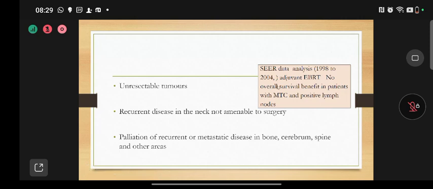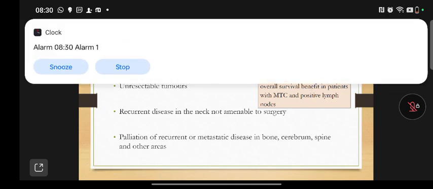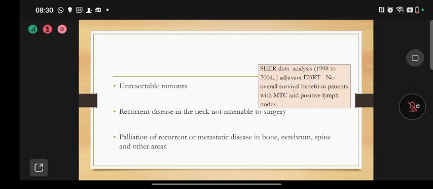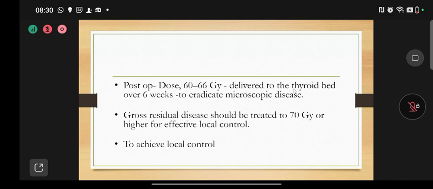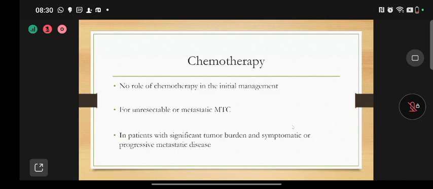The SEER data showed external beam RT has no role in overall survival, but it has a role in achieving local control. Postoperatively we give 60 to 66 gray for microscopic disease as adjuvant radiation. Gross residual disease can be treated up to 70 gray or higher doses.